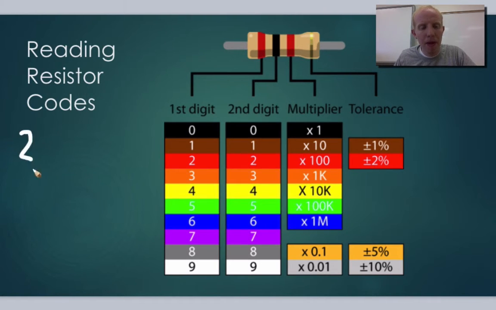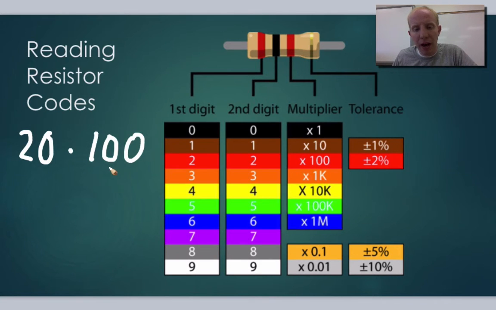is 2. Then we look at the next band, which is black. That's equivalent to 0. So our second number or digit is 0. Then we read the multiplier, which is red, and red in this case means times 100. So we have 20 times 100, so this resistor's value is 2,000.